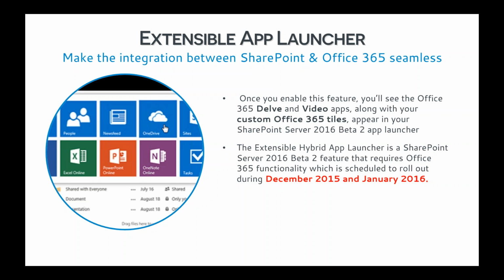That will also have custom apps. So if you add a custom app to your 365, maybe call it Intranet or Facebook for Work or whatever, it will also show up in the ribbon on-prem. So the ribbon is going to look a lot more integrated between Office 365 and SharePoint.